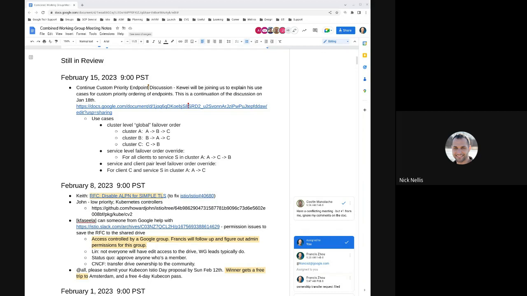So is there a way, from the existing mechanisms, to address multi-stage failover, or would that require a new API or an API change to have some sort of multi-level ordering?